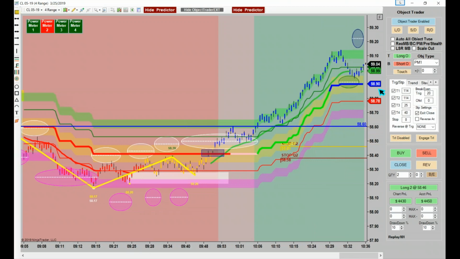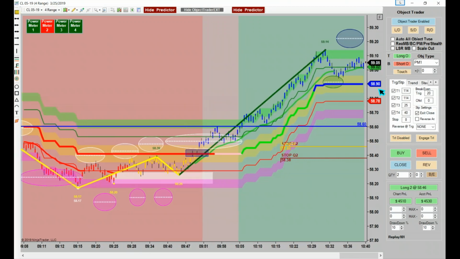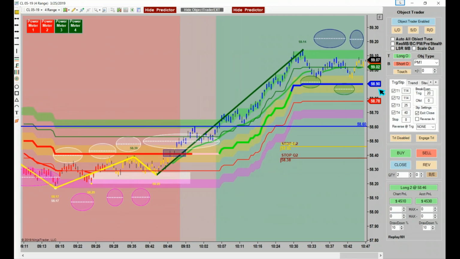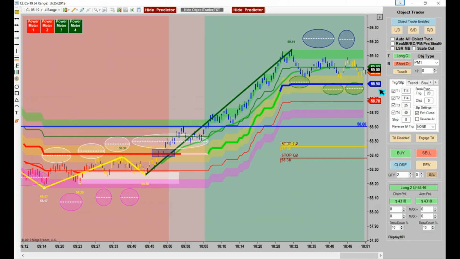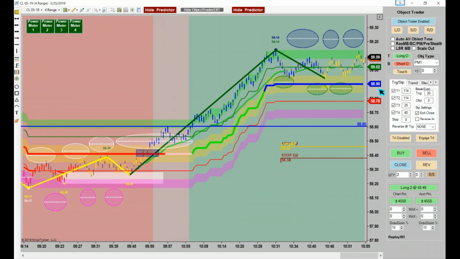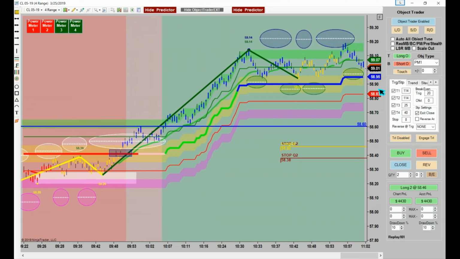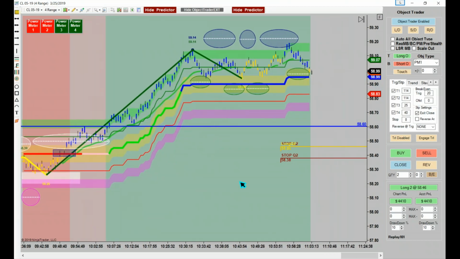There's a little pullback right there, and the predictor could have gotten a 10 ticker. See, that was a minimum criteria trade right in through here when it came. This is your money band right here. So, for instance, if you took this trade, you got 10 ticks.